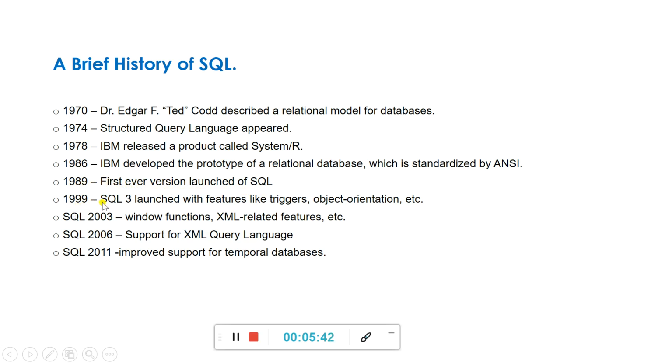In 1999, SQL 3 launched with features like triggers, object orientation, etc. In SQL 2003, window functions and XML related features were launched. SQL 2006 added support for XML query language. In SQL 2011, improved support for temporal databases.